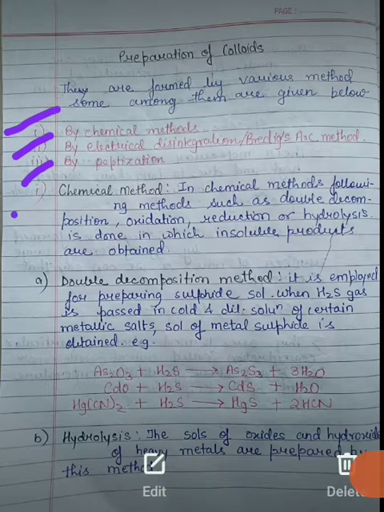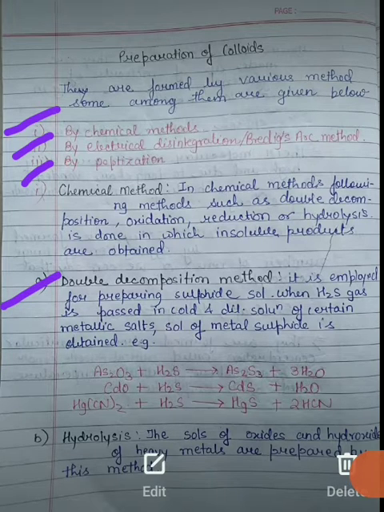So let's begin with the chemical method. In this method, the following can be done: double decomposition, oxidation, reduction, or hydrolysis. Some insoluble products are obtained. Let us start with the first among chemical methods, that is the double decomposition method.